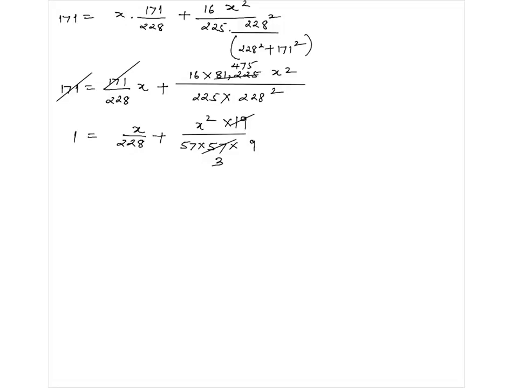So why not multiply by 228 everywhere? 57 into 4 is 228. 9 into 3, 27.